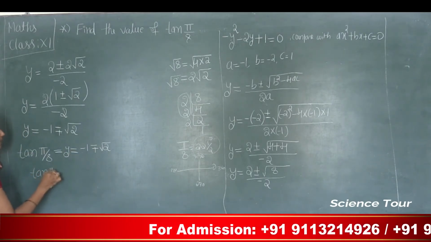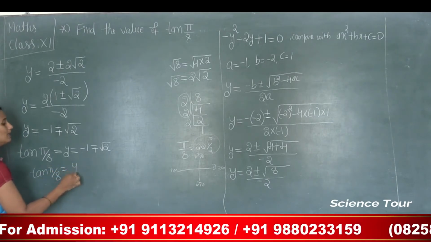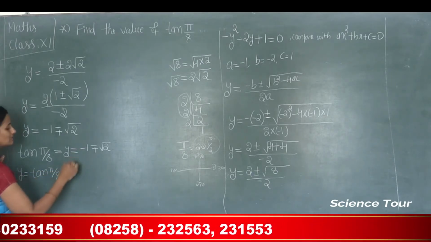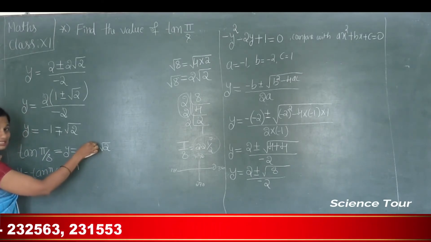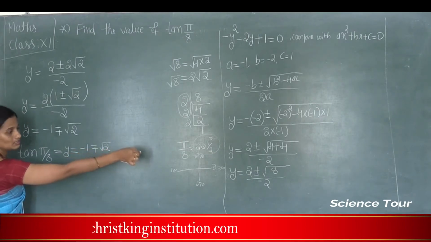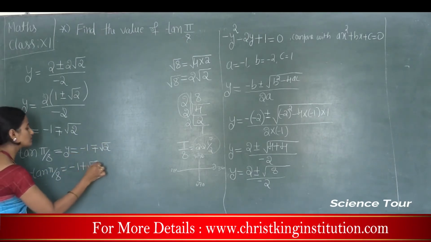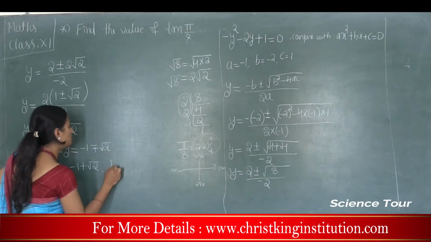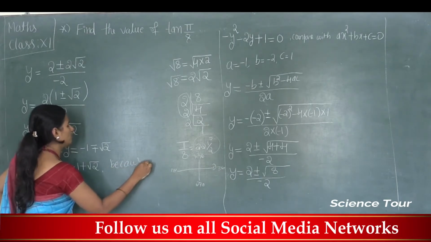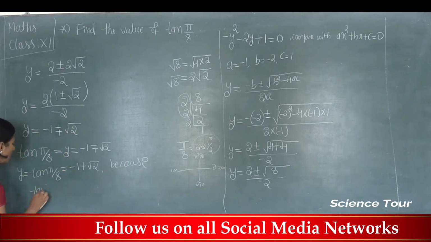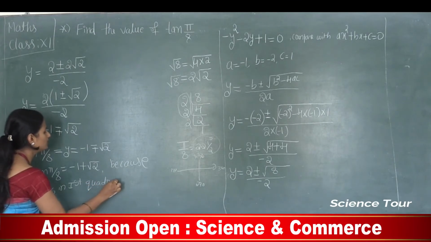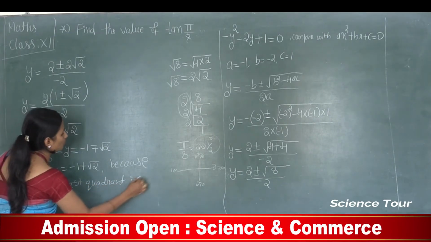Tan pi by 8 is equal to y, otherwise y is equal to tan pi by 8, that is equal to what? Minus 1 plus square root of 2. I am not considering minus, because here it is positive, because pi by 8, or tan pi by 8, in the first quadrant is positive.